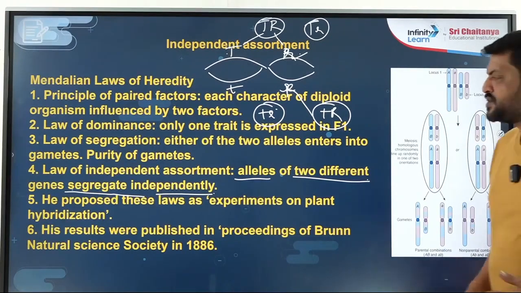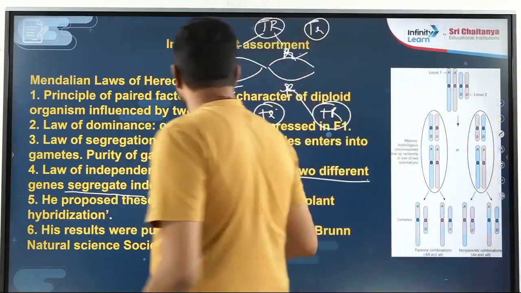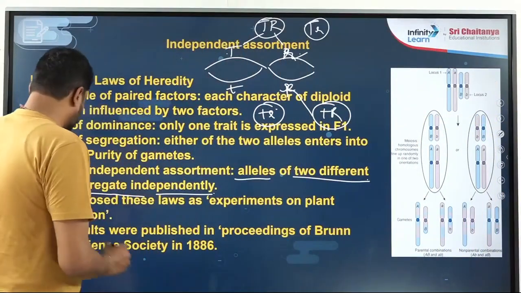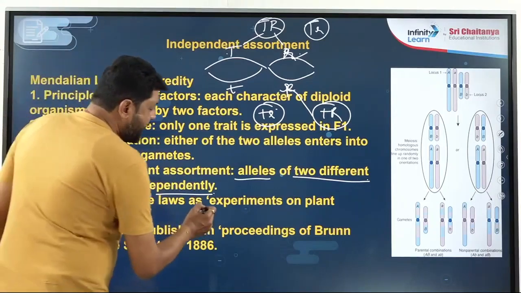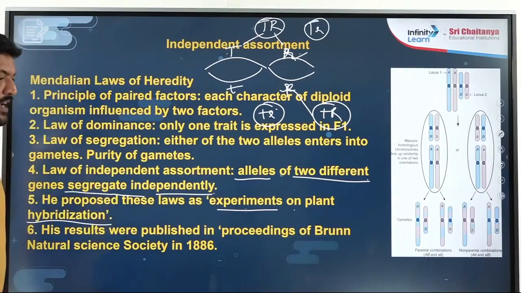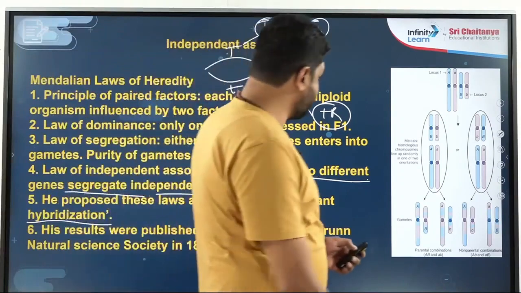There is no guarantee. They can sit anywhere. This is called the orientation of the chromosome. He proposed laws from experiments in plant hybridization. The title of his work is Experiments in Plant Hybridization. His results were published in the Proceedings of the Brunn Natural History Society in 1866.